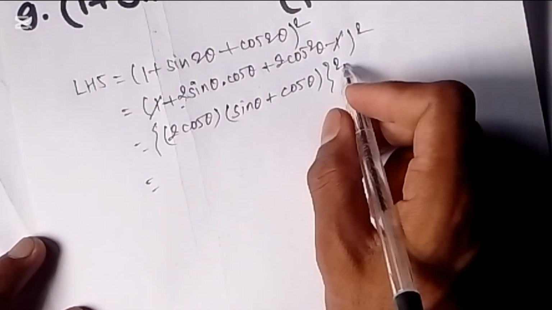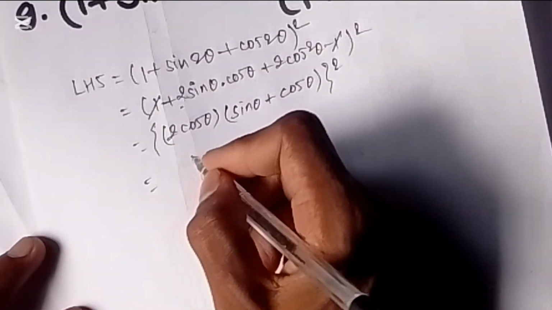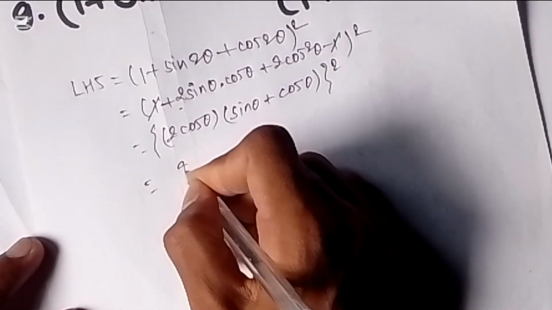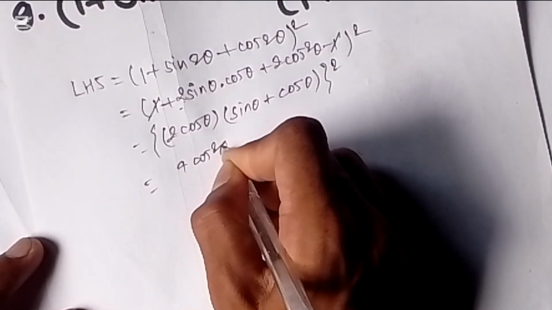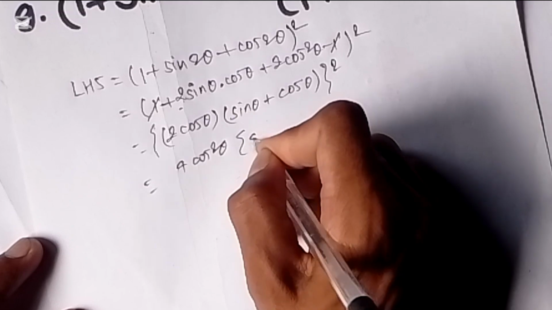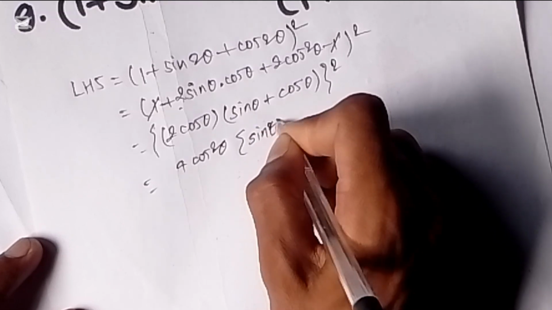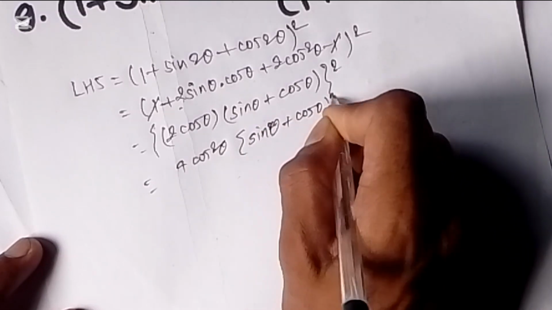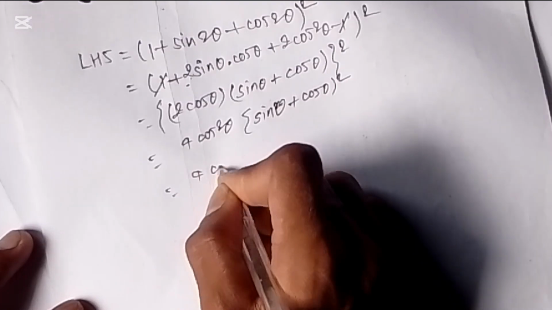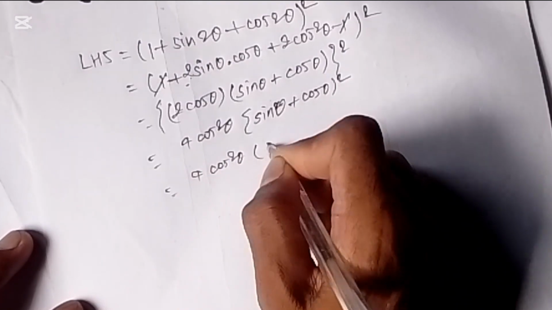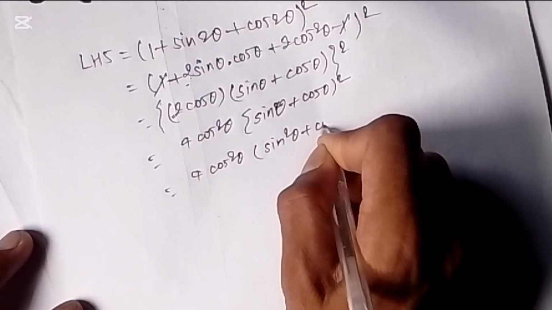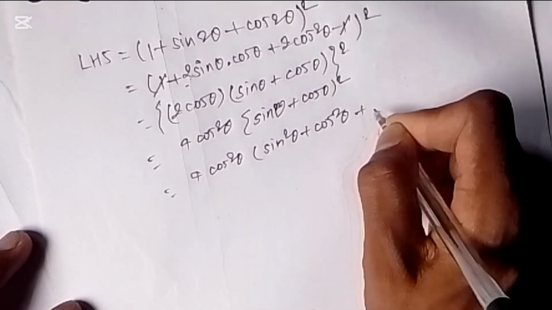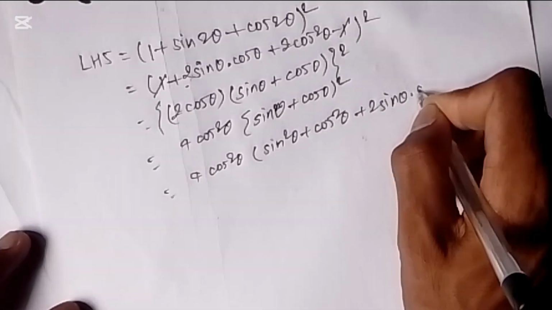Now we open the bracket. If we open it with the square, then here it becomes 4 cos²θ times (sin θ + cos θ) whole squared, and we can write 4 cos²θ times (sin²θ + cos²θ + 2 sin θ cos θ).